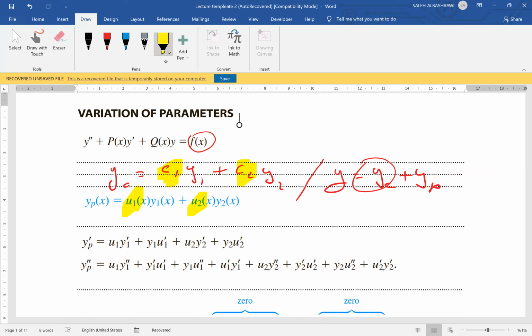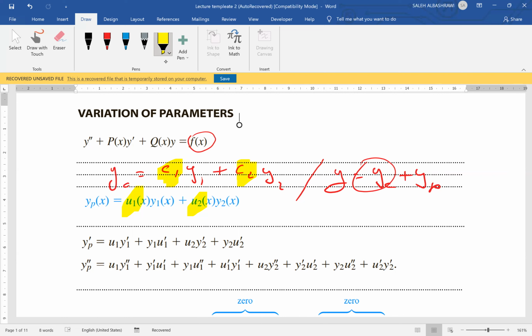To solve this system, either by elimination or by substitution, then u1 prime can be written as w1 divided by w, where w is the Wronskian determinant, and u1 prime is equal to minus y2 f of x divided by w, the Wronskian, and u2 prime equal to w2 divided by w, which is equal to y1 multiplied by f of x divided by the Wronskian. The Wronskian is given by the determinant of y1, y2, y1 prime, y2 prime, where y1 and y2 are the solutions of the homogeneous equation.